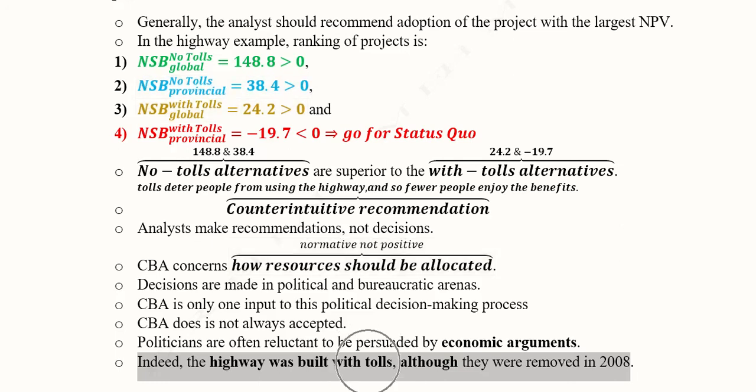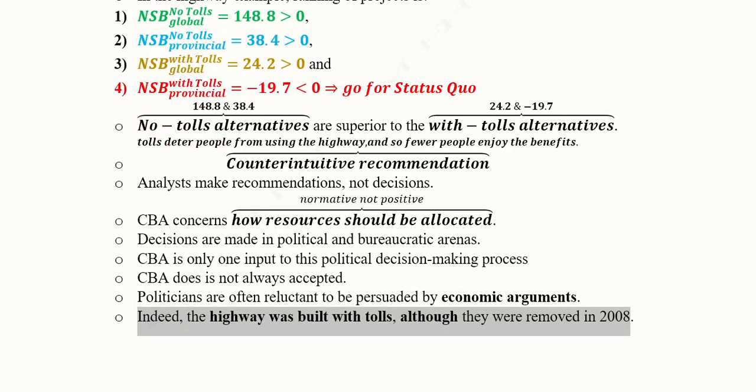So initially it was made with tolls, although the toll booths were removed in 2008. So you see, the decisions can be quite unexpected, and they can change over time as well because of the changes in the political arenas and the bureaucratic arenas as well. The decisions can change.